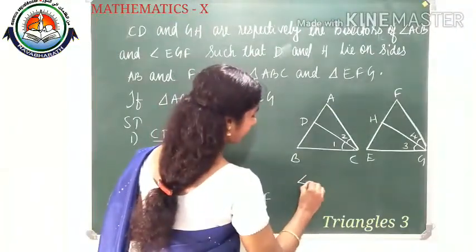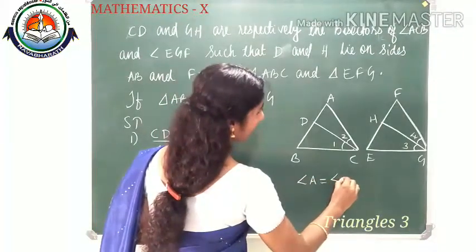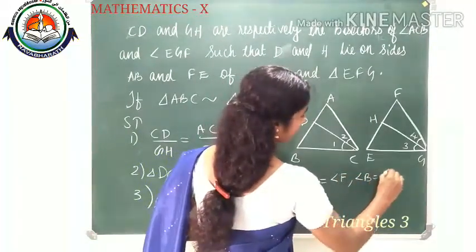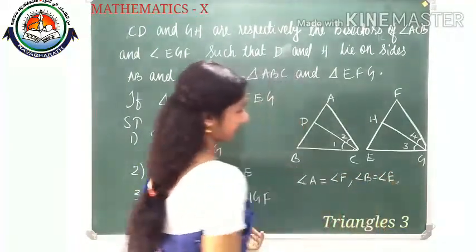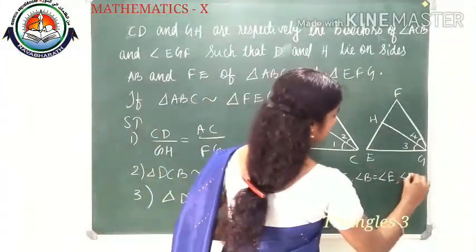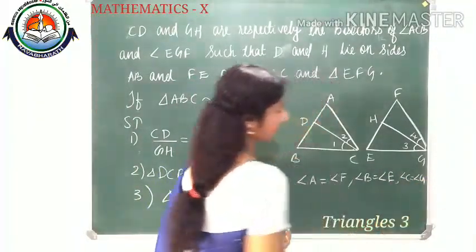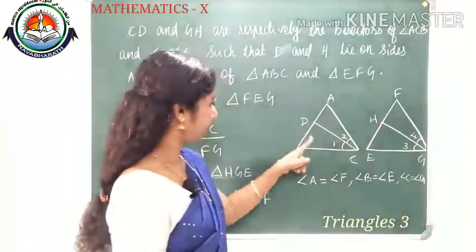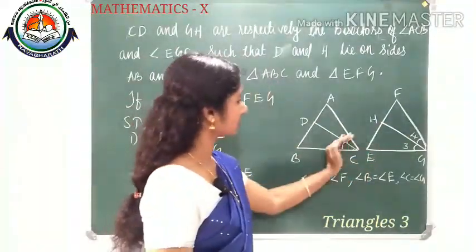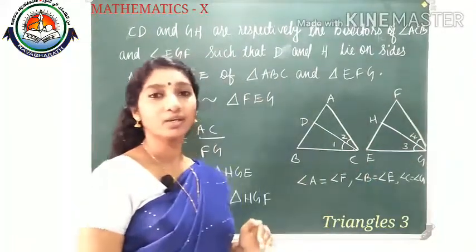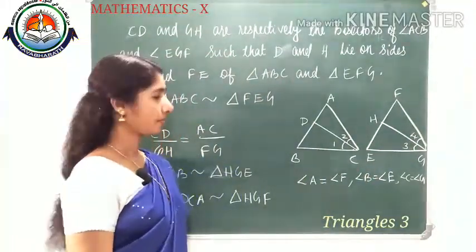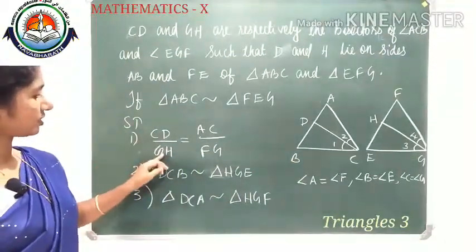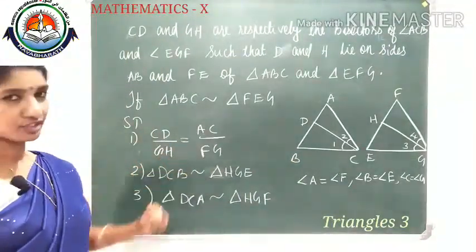So we can write angle A is equal to angle F and angle B is equal to angle E and angle C is equal to angle G, isn't it? A and F are equal, B and E are equal, C and G are equal. Okay. Then come to our question. Show that CD by GH equal to AC by FG.